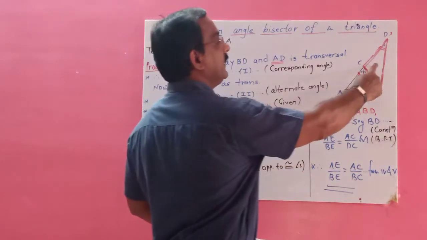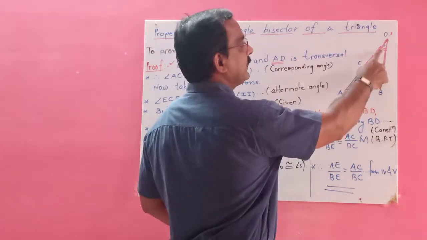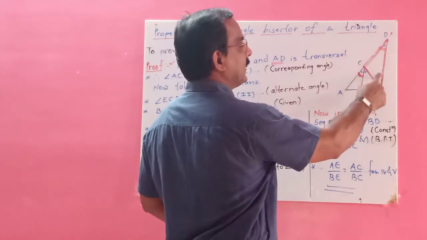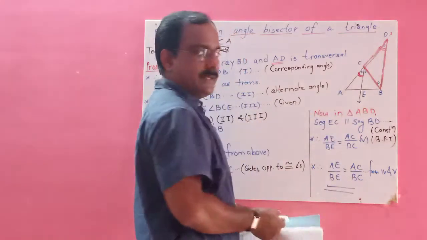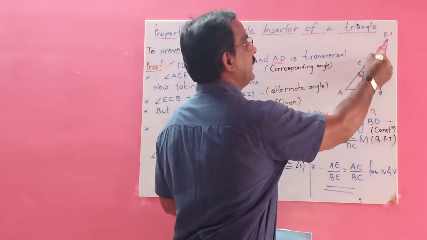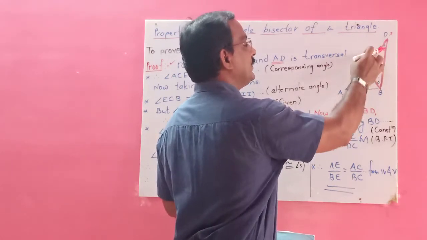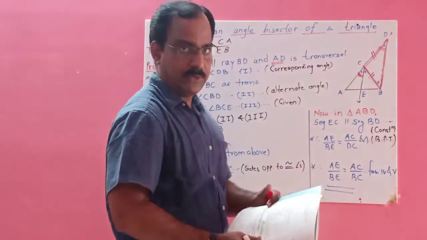Just see children here, in this triangle, these two angles are congruent. Therefore, I can say its opposite sides, opposite of this angle is this side, and opposite of this angle is this side. These two sides are also congruent.